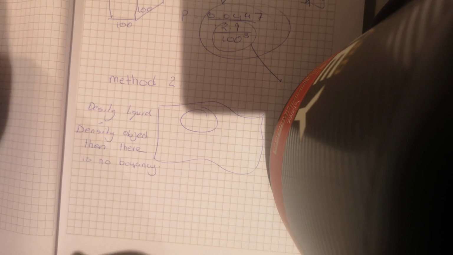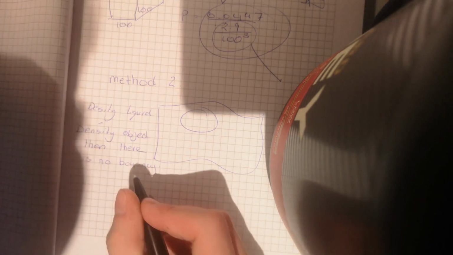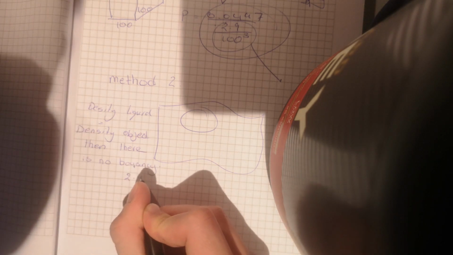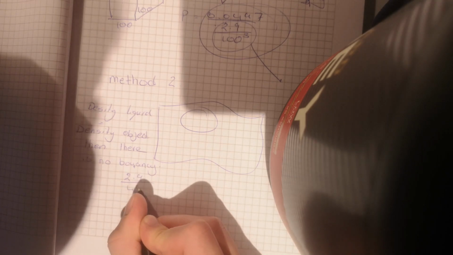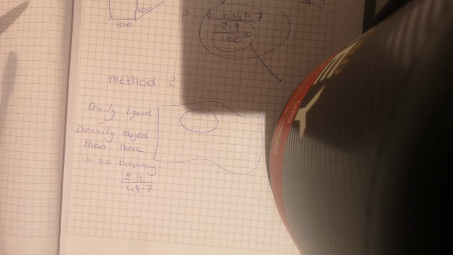However, in this case, there is a difference between the density of the object and the density of the water, and we can calculate that pretty simply, which is just 2.9 over 49.7. Now, what do these two numbers mean?